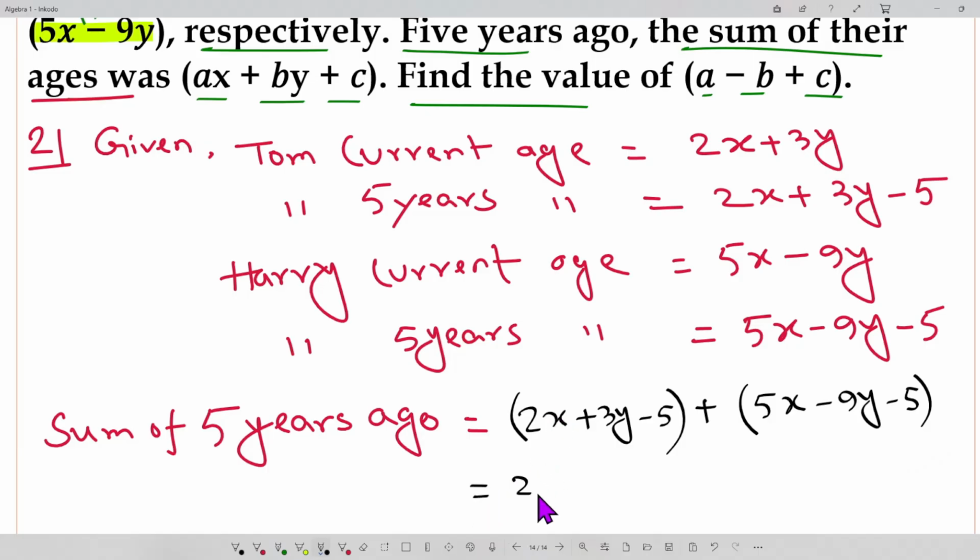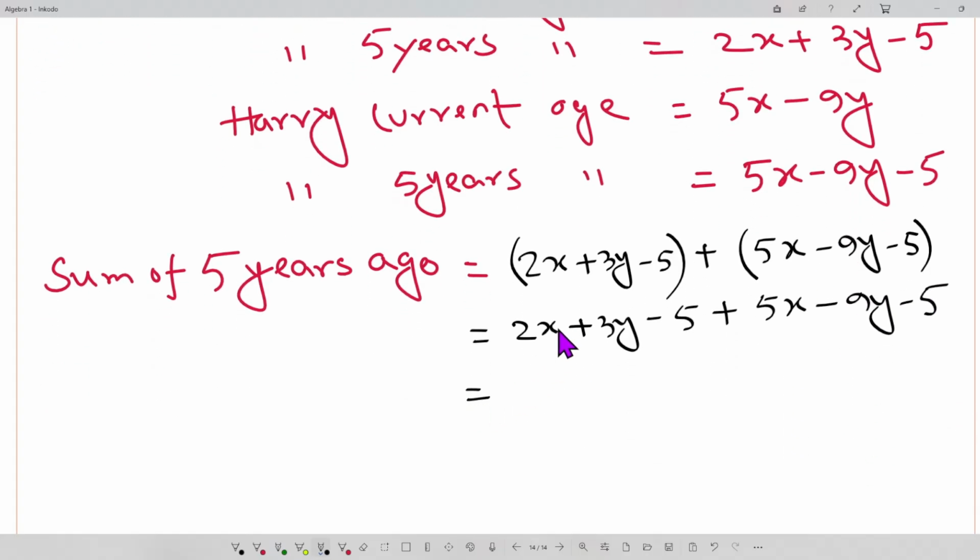Then here is 2x, here is 5x, so it will be 7x, plus 3y minus 9y is minus 6y, minus 5 minus 5 is minus 10.